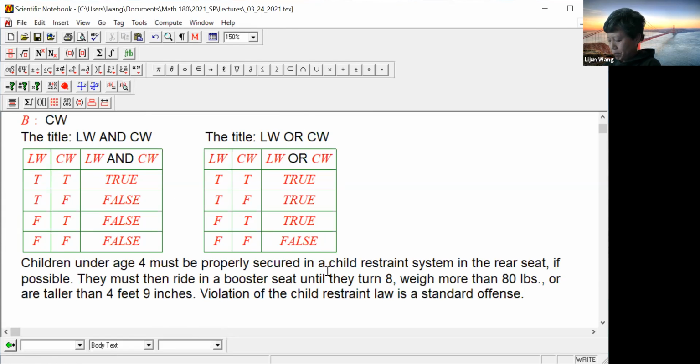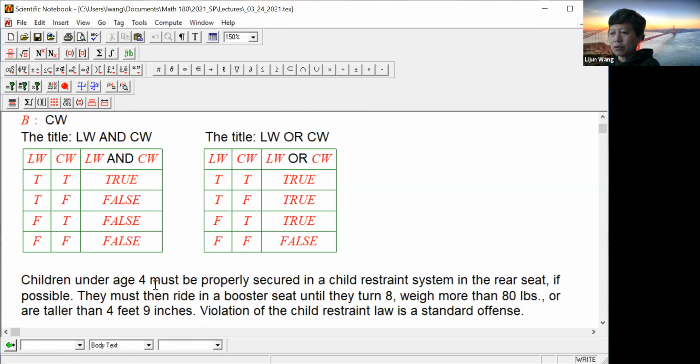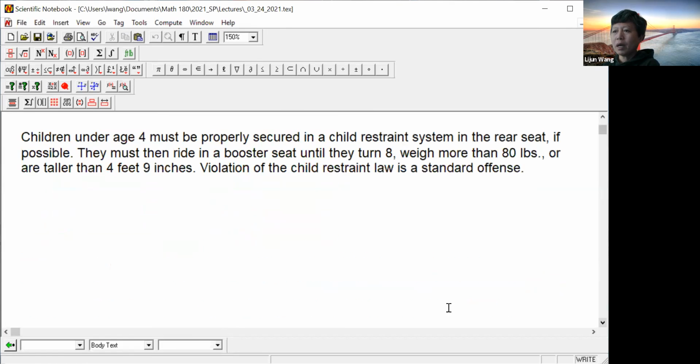Children under age 4 must be properly secured in a child restraint system in the rear seat, if possible. They must then ride in a booster seat until they turn 8, weigh more than 80 pounds, or, hear the word "or," are taller than 4 feet 9 inches. Violation of the child restraint law is a standard offense.